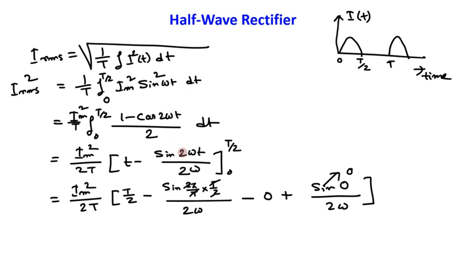Just a minute, I think I missed a 2 here, because this 2 was there. So I am putting this 2 here, so it is sine of 2 pi. Sine of 2 pi is again 0, so this also becomes 0. Basically then it is Im square by 2T into T by 2.